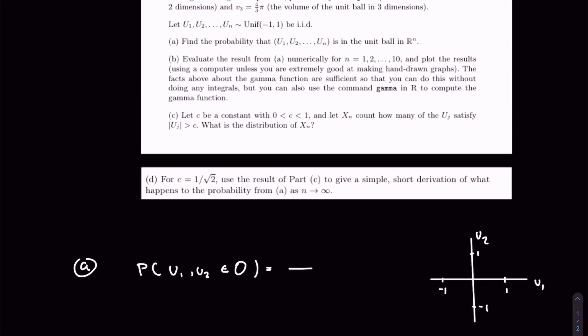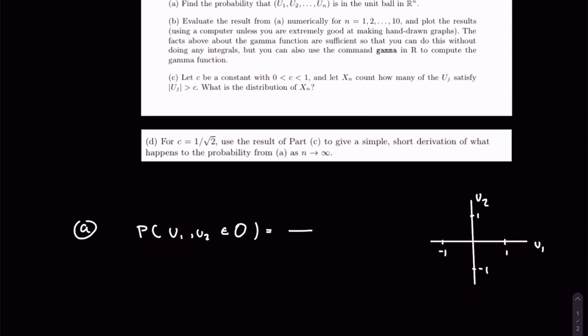How do we think about this question? One way is to draw the support and see if we can simplify it a little bit, or at least get some insight about what is going on here. So we have the support of u1, u2, and we know that it goes from 1 to -1, and same here, 1 to -1, and this is given by the distribution of all these random variables.